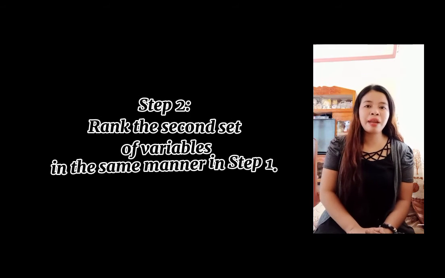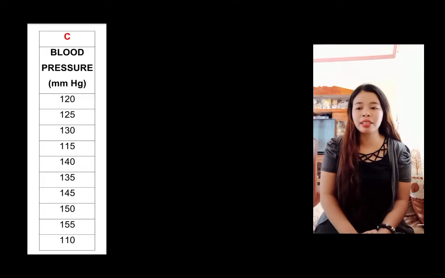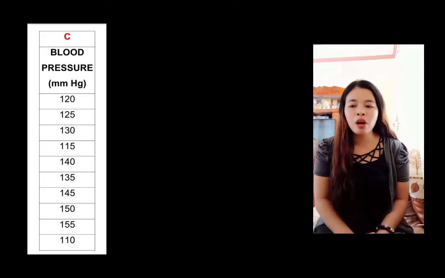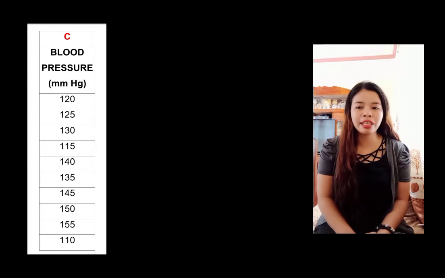Our step 2 is rank the second set of variables in the same manner as step 1. Our second set of variables in our given data is the blood pressure. In blood pressure, we have the numbers 120, 125, 130, 115, 140, 135, 145, 150, 155, and 110.